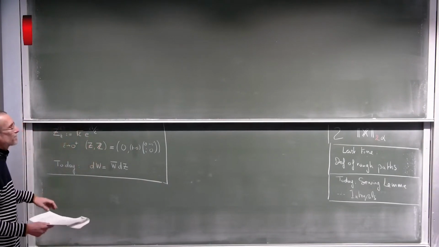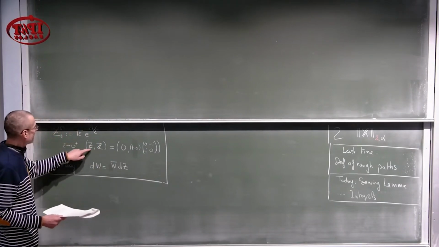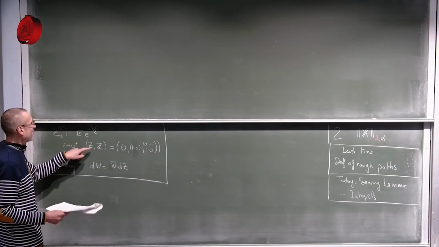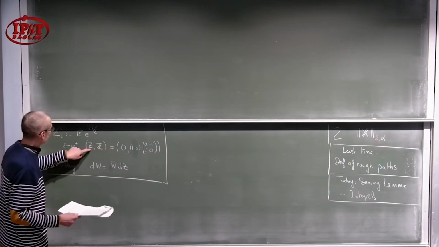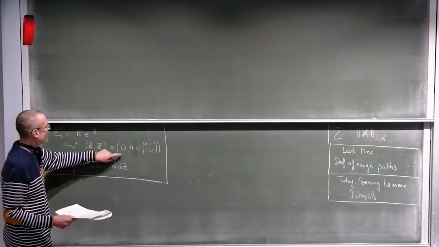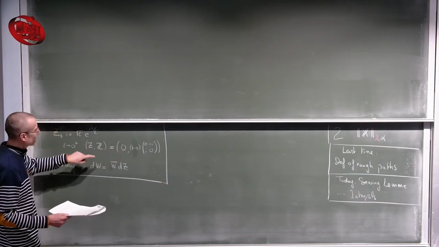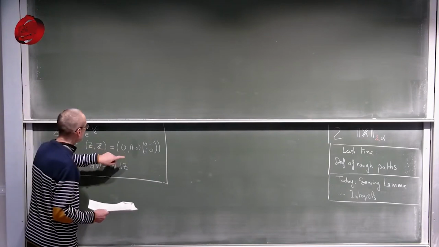I will try to improve on that. So there was a limit, and this limit was non-trivial in that the first component, so the path itself, went nicely to 0 in the Euler topology uniformly, for any alpha less than 1/2.